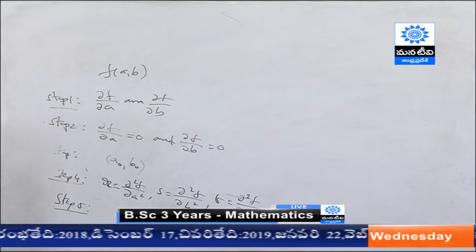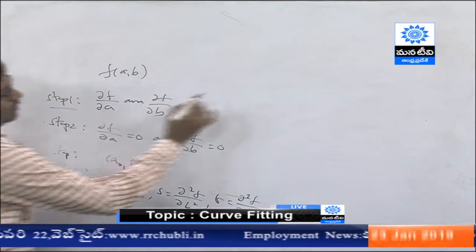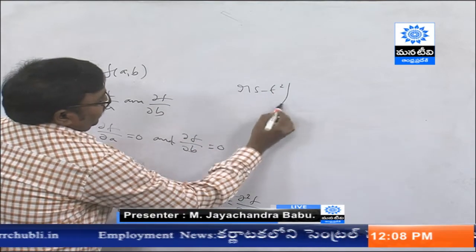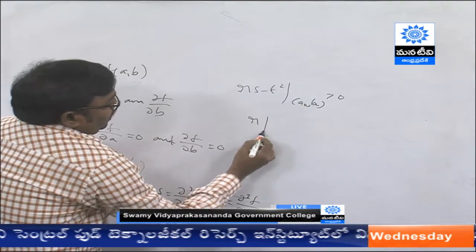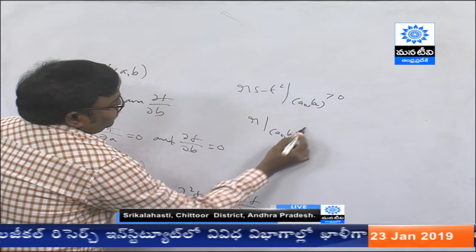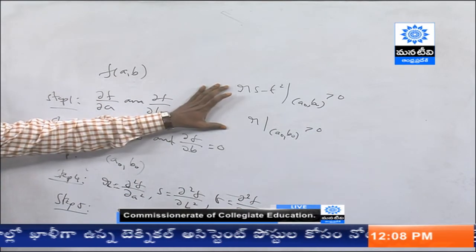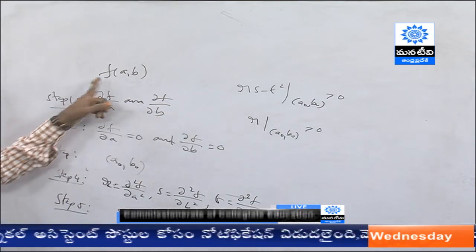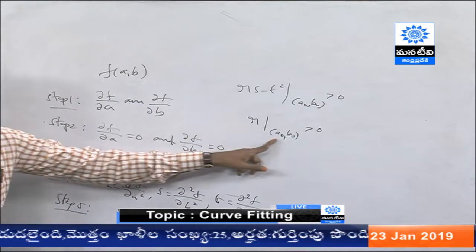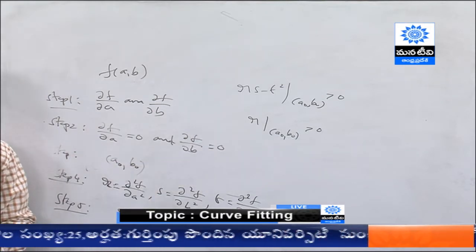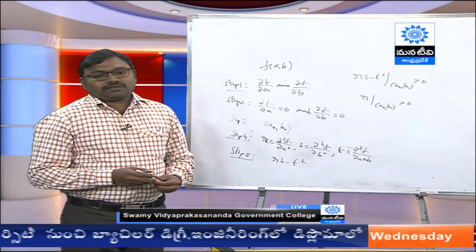Now, we have to check whether rs minus t square at a naught comma b naught is positive and r at the same point, a naught comma b naught, is positive. If these two happen, then we can declare the function f of a comma b has a minimum at a naught comma b naught. I am ignoring the other cases, maximum and saddle points.